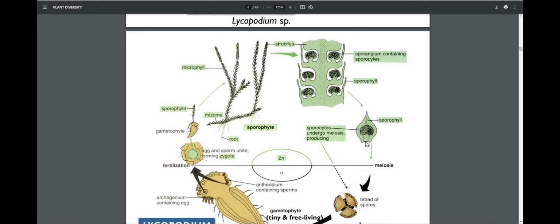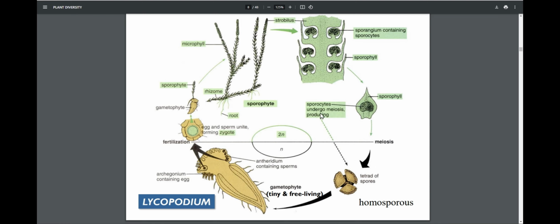And then the sporophyll, which I'm not too sure about, but I think it follows this, or this is just a cross section turned 90 degrees. I'm not 100% sure what the use of the sporophyll is in terms of reproduction, but anyway, the sporocytes undergo meiosis to form spores.